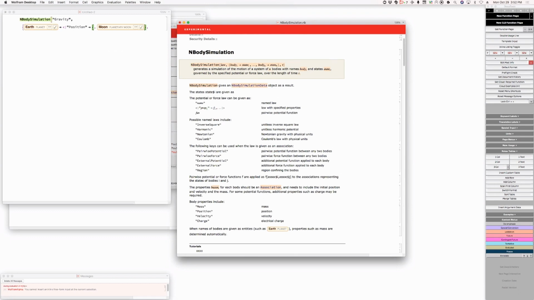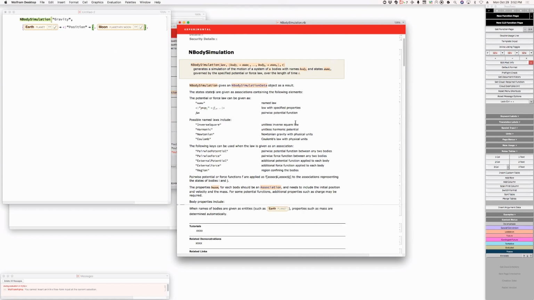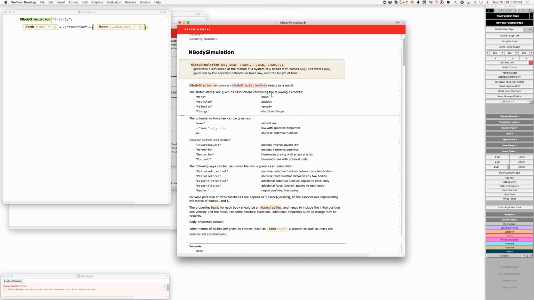And what about the position? Yeah, okay. Given as associations containing the following elements. And now charge is optional, right? Yes. And you can also give other elements, depending on your force law; you can put in whatever elements you want.